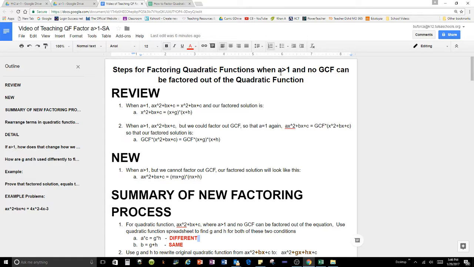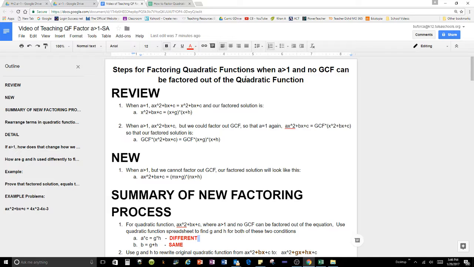So we're looking at quadratic functions where a is greater than 1, and we no longer can factor out a GCF, or greatest common factor, that will allow a to equal 1. So we're going to learn how we factor a quadratic function when we can no longer factor out a greatest common factor such that we allow a to equal 1.